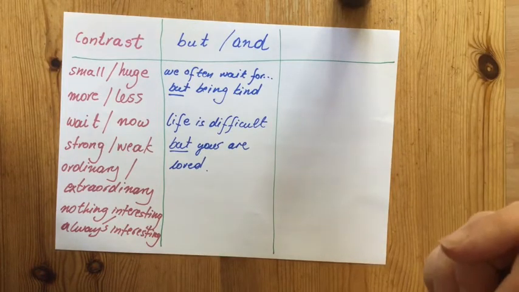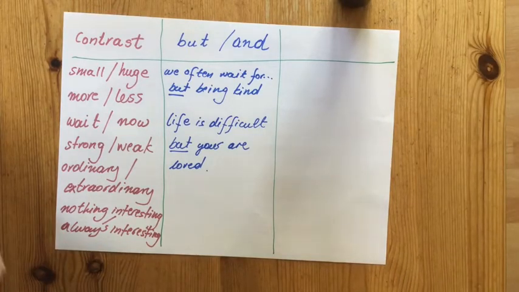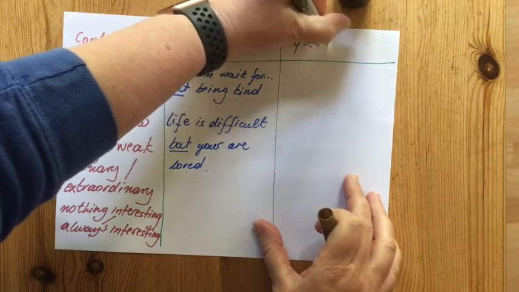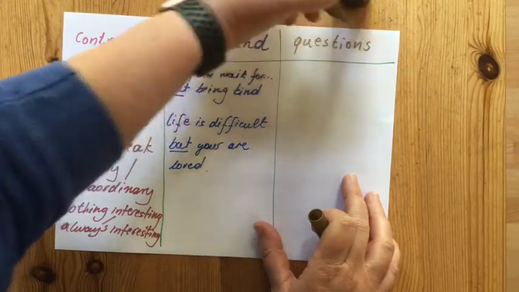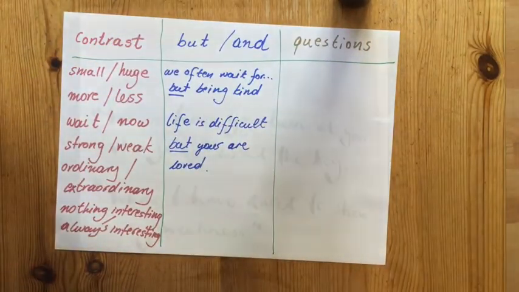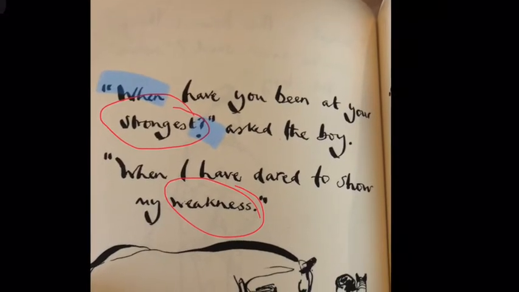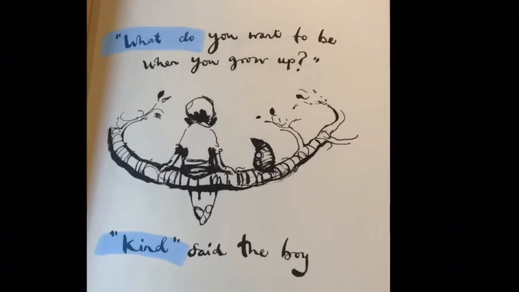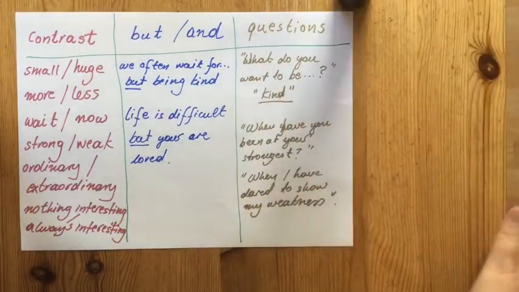Let's have a look at the third technique he's using, which is questions. That boy is full of questions. Let's have a look at some examples. This is all about the questions.